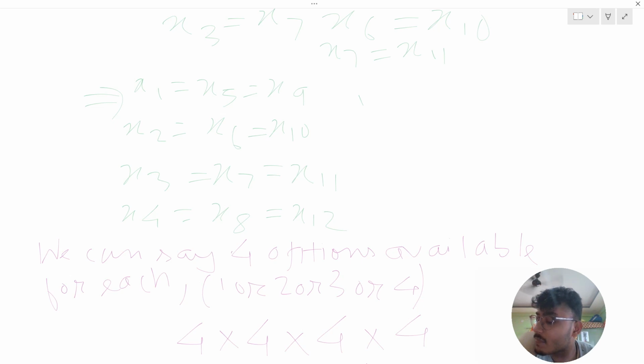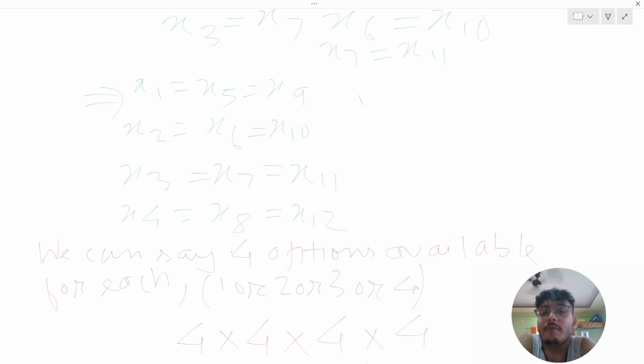Now we have said in each box either 1 or 2 or 3 or 4 balls can be put. So if I put one ball in x1, then I need to put one ball in x5 and one ball in x9. Similarly, if I put 3 balls in x2, I need to put 3 balls in x6 and 3 balls in x10.